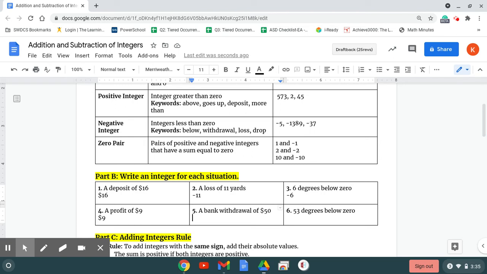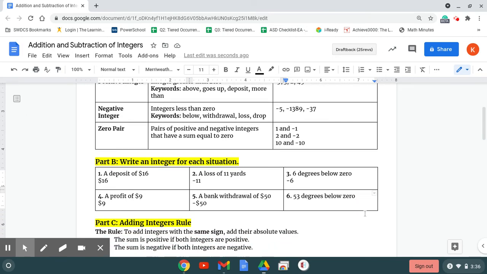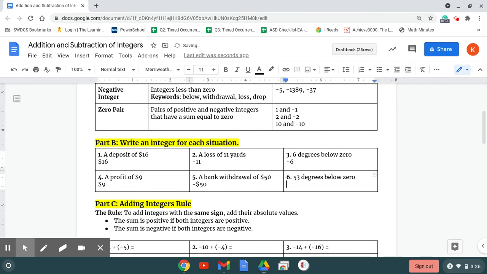So that's going to be a negative $50. I'm withdrawing, negative. All right, and number 6, 53 degrees below 0. Again, below 0 is our big key word here. Below 0 would be negative 53 degrees.